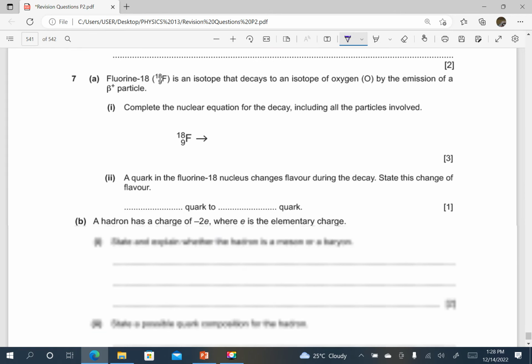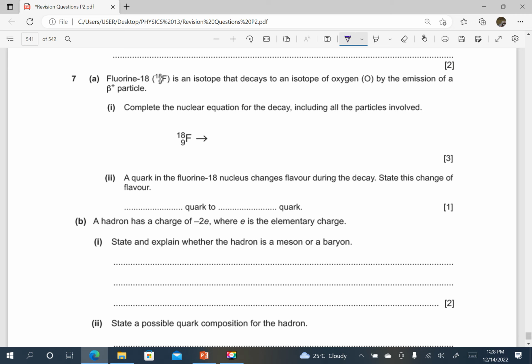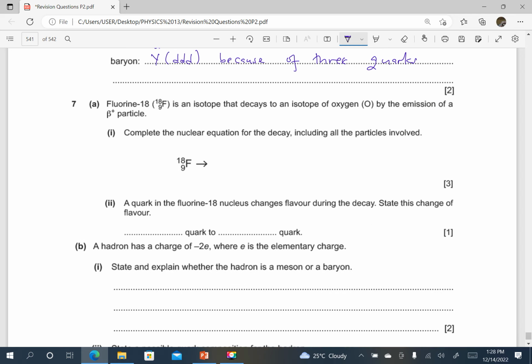I think this is the last question in nuclear physics. Fluorine is an isotope that decays to an isotope of oxygen with emission of beta plus. Complete the nuclear equation for the decay, including all the particles involved. So it is giving us oxygen plus beta plus, which is beta positive, 0, 1.